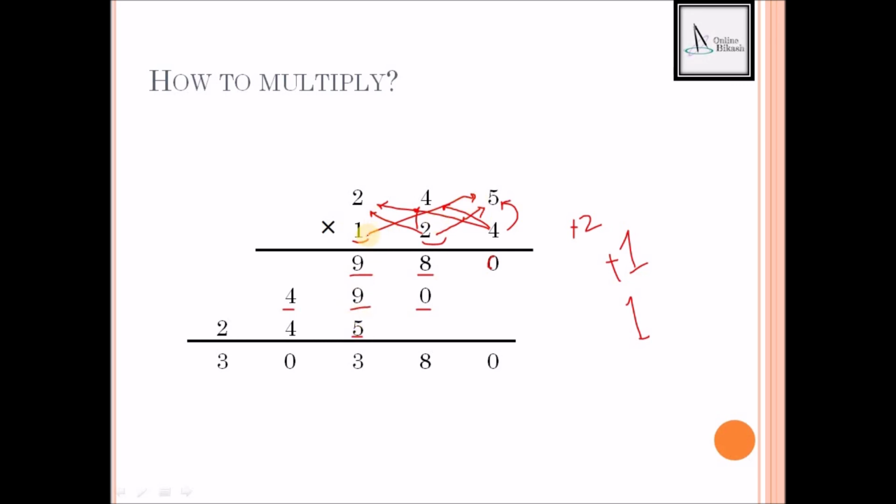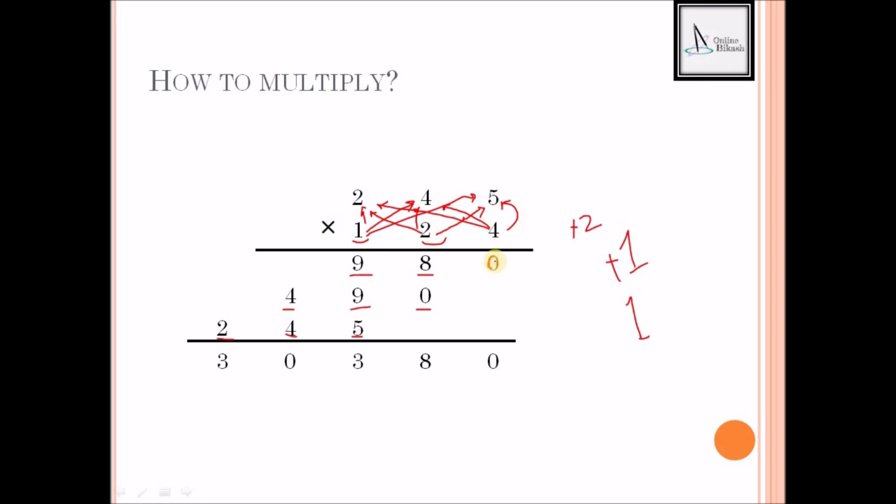Similarly 1 4 is 4, write it here. Then 1 2 is 2. You have to be very careful. Once you have learned how to multiply numbers, it will become very easy for you.